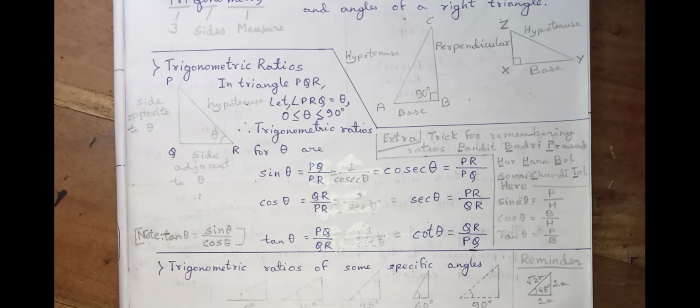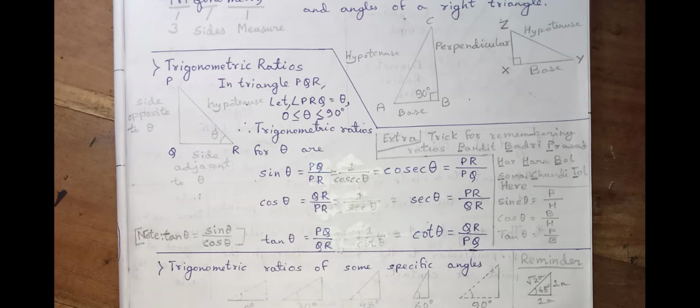Types of ratios. So let's see. When side opposite by hypotenuse is the ratio, it is sine theta. Here you can see sine theta is the side opposite to theta by hypotenuse, that is PQ by PR.